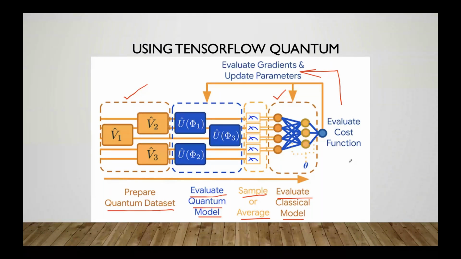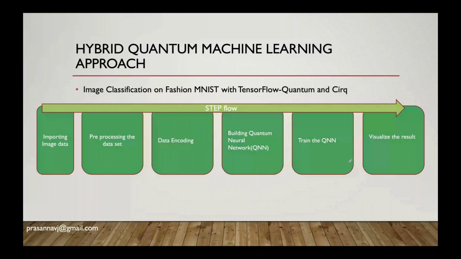So now, to give you a perspective, we're going to see a list of steps that we're going to follow in the practical to have the complete end-to-end machine learning operation happen.